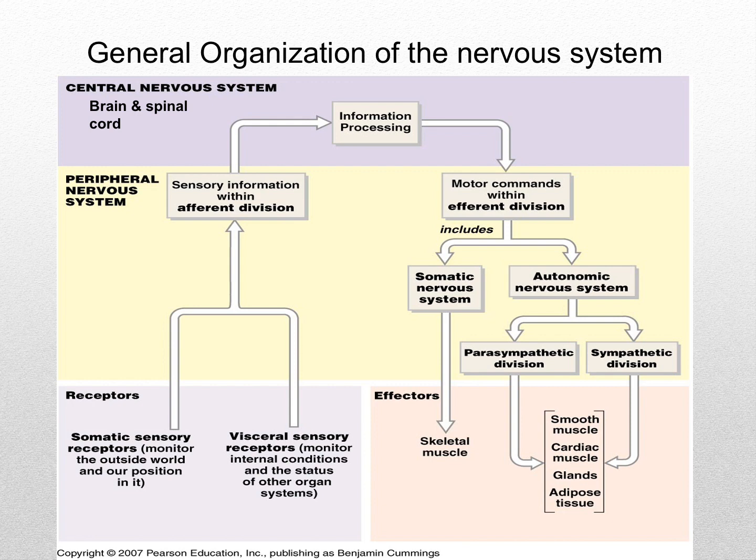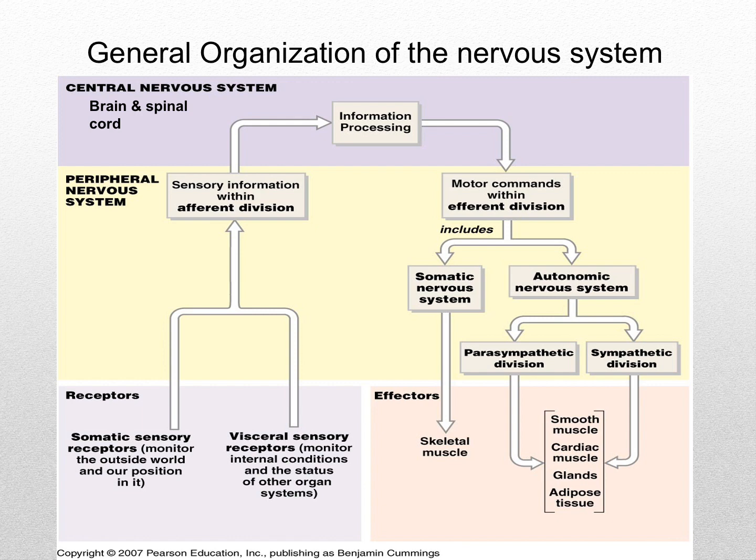So this is just a big picture of the general organization of the nervous system, and it includes the central nervous system, the peripheral nervous system, but it gives you an idea of the direction of the commands, of how you receive sensory information, how it's two types, somatic and visceral, how sensory information includes receptors to receive the environmental stimuli, and there's an afferent division. So afferent means going towards, with the sensory information.